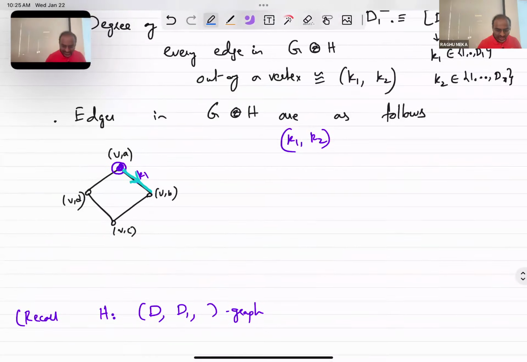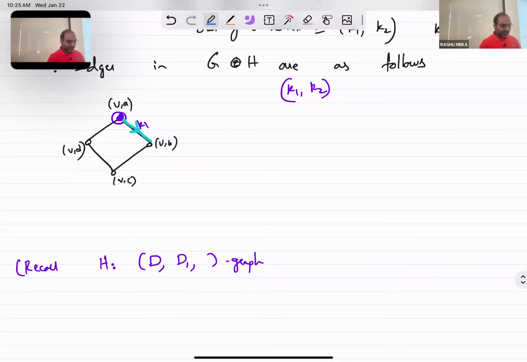So what is the across cloud step going to be? You'll say, well, after taking the within H step, I'm at B, right?